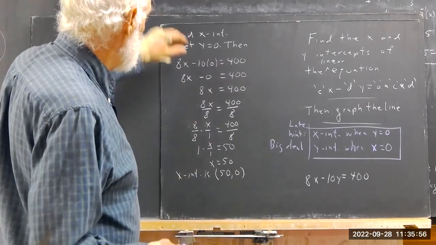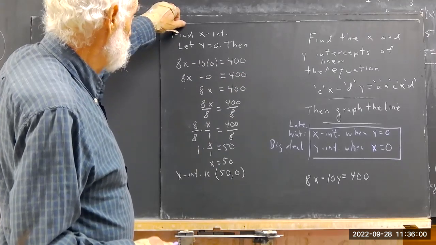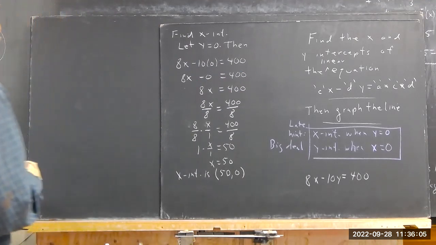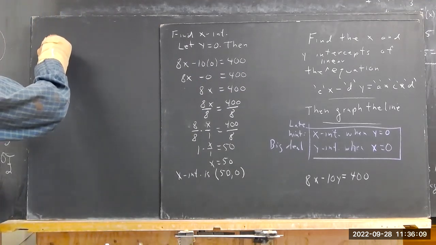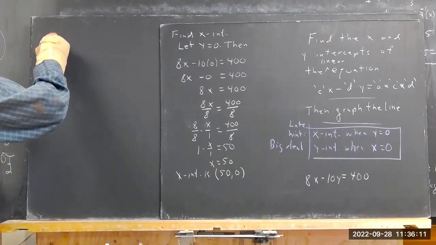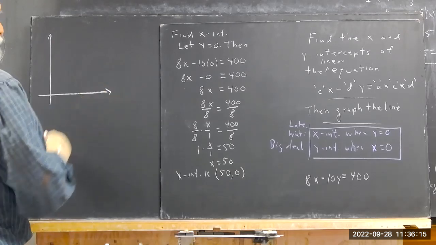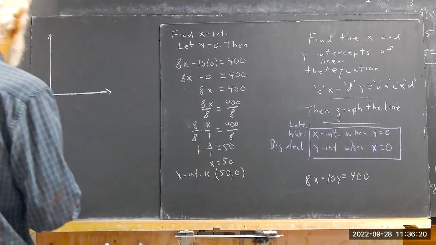Now let's start constructing the graph. I'm going to just keep working this way. Okay, so here's going to be our graph. I'm going to draw it pretty big because I want to do something. Okay, the x-intercept is (50, 0).